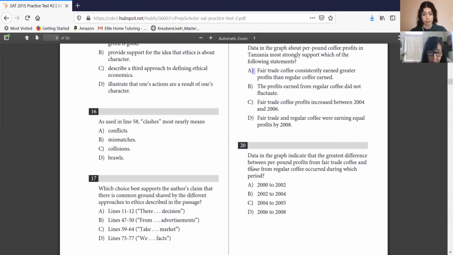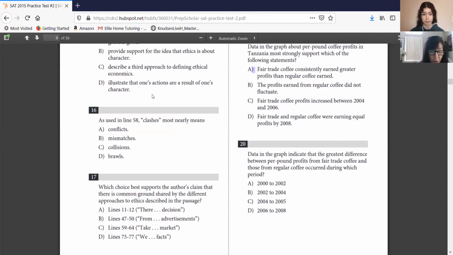Question 20. Data in the graph indicates that the greatest difference between per pound profit from fair trade coffee and from regular coffee occurred during which period? Okay, so where's the greatest difference? You can either look at these numbers that they give you, these years, or you can go straight to the graph and find the greatest difference.